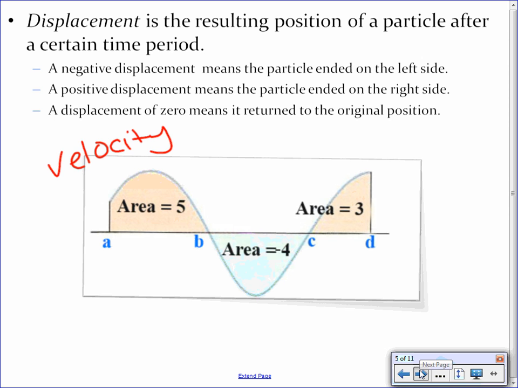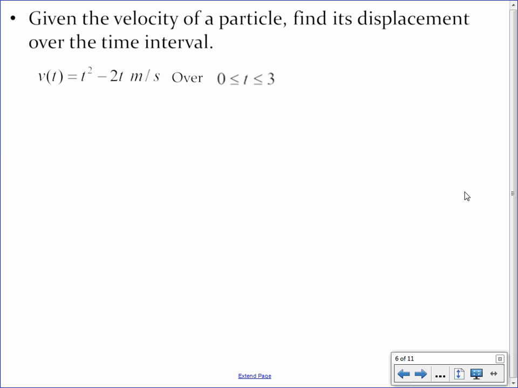For example, I have our velocity equation, t squared minus 2t, and we know the units. Okay, so t squared minus 2t, right? And we want it over the time period from 0 to 3.